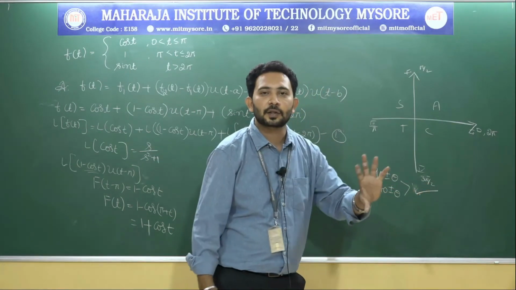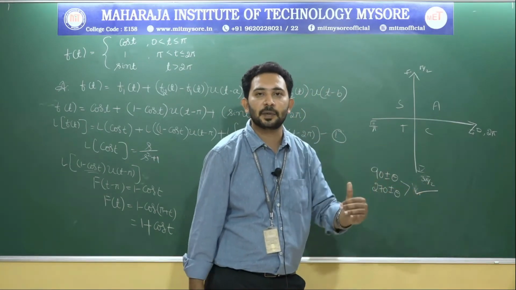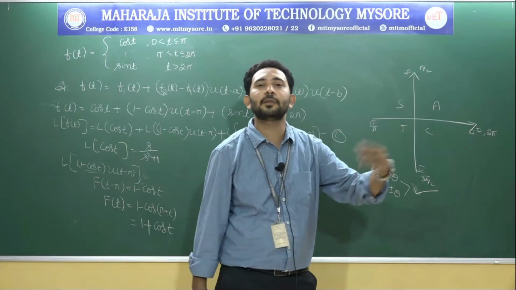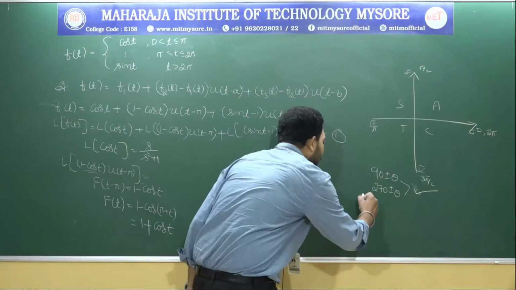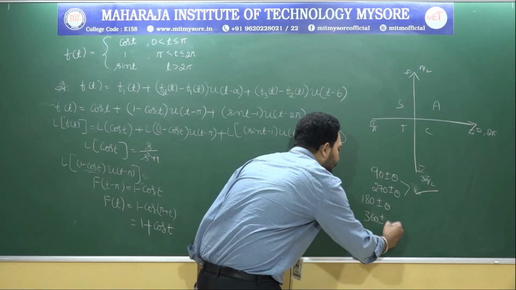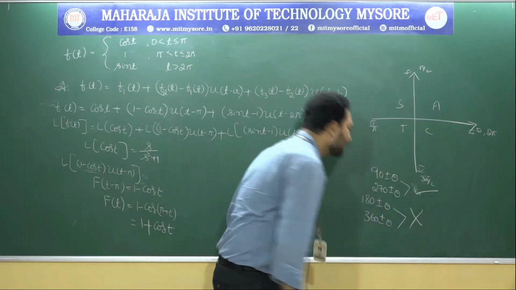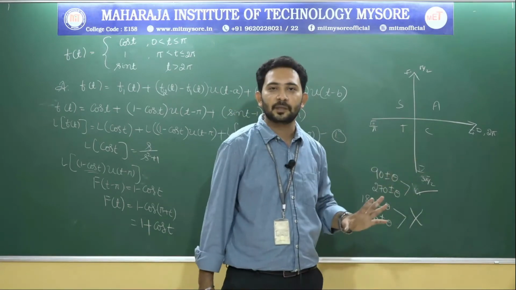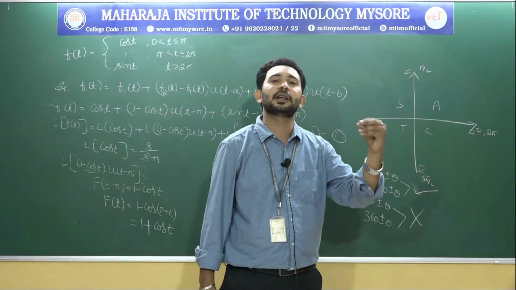Cos becomes sin, sin becomes cos, tan becomes cot, cot becomes tan. For 180 plus or minus theta and 360 plus or minus theta, the function will never change. Cos becomes cos only, sin becomes sin only, tan becomes tan only.